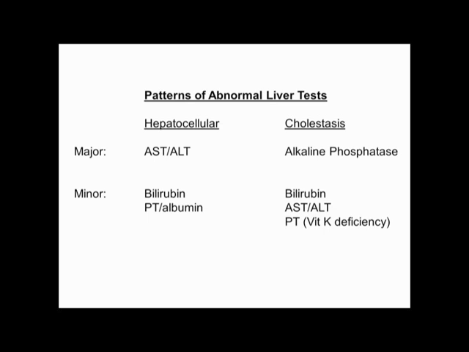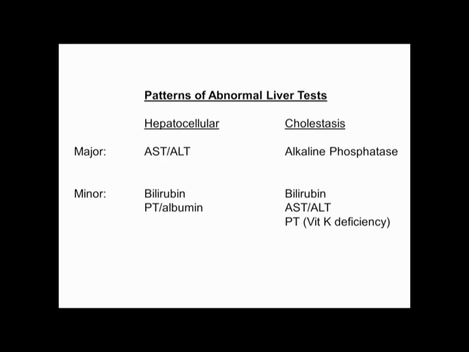So look at the amount of difference, the number of times the upper limit of normal. If this is 10 times the upper limit of normal and this is 2 times, I'm voting on a hepatocellular disease. If this is 10 times the upper limit of normal and this is twice the upper limit of normal, I'm going to go with a cholestatic disease.